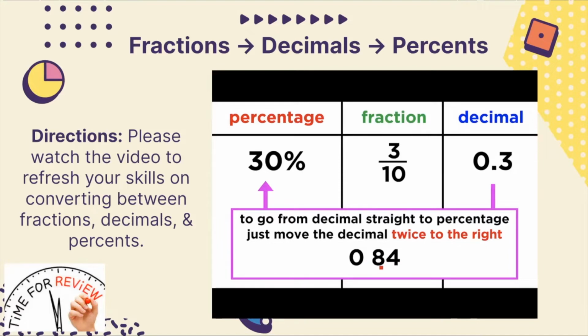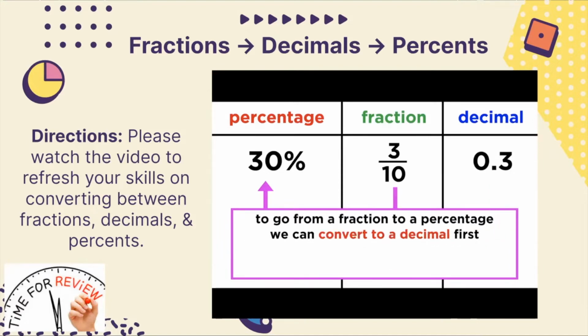So 0.84 becomes 84%. To go from a fraction to a percent, we could convert the fraction into a decimal first. For 3/5, first we can ask, what is 1/5 as a decimal? That would be 0.2, because 5 of these, or 5/5, would add up to 1. So 3/5 must be 0.6.